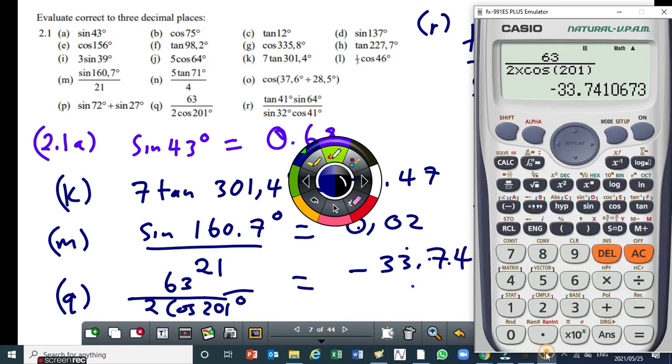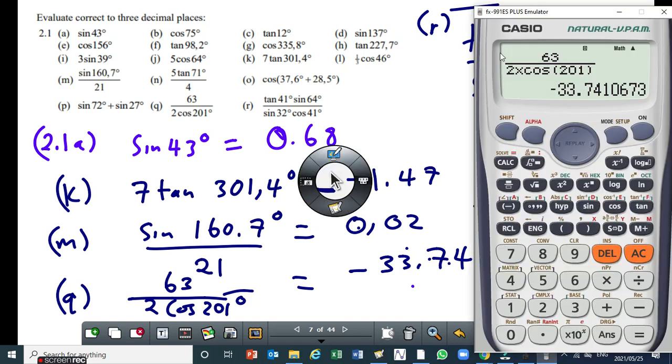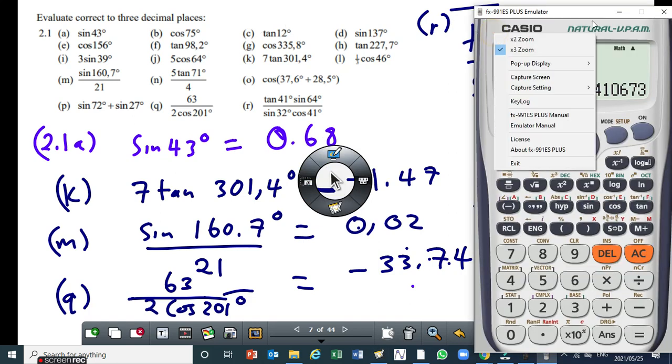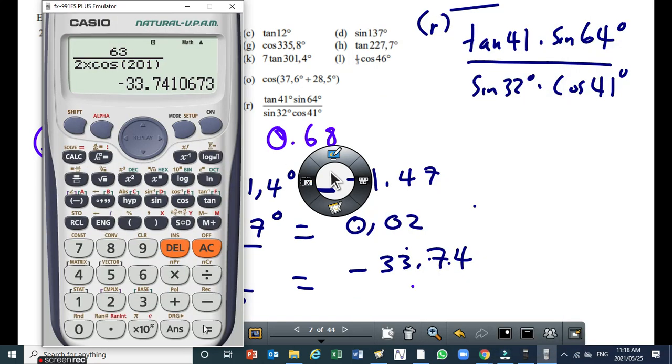So let me bring that calculator. This is very simple. Let's do it quickly. Put the fraction option.